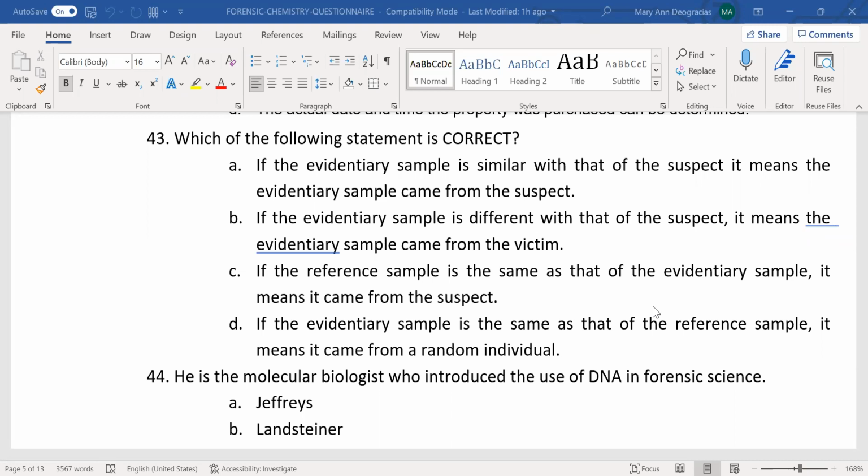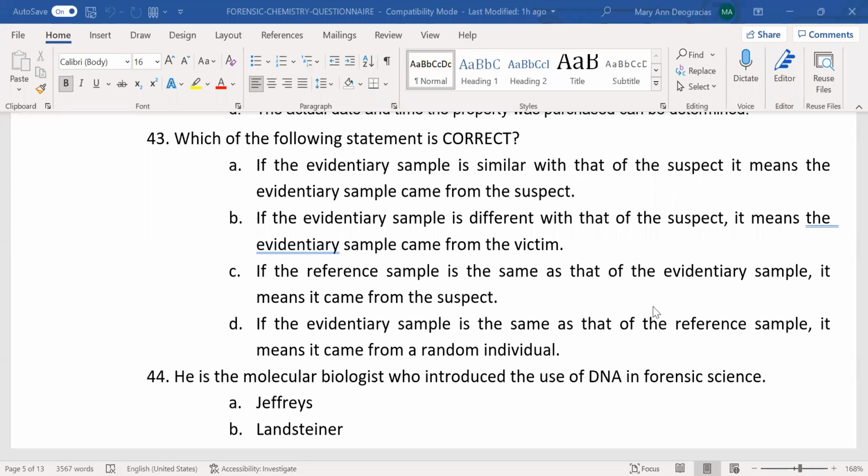Hindi rin natin alam kung kanino yung reference sample. So, mali yung letter D. Napaka-vague din. So, the answer is letter A kasi napaka-specific. Evidentiary sample is similar with that of the suspect. It means that evidentiary sample came from the suspect. So, it is a very simple statement. The answer is letter A. A reading comprehension ang kailangan nyo sa number 43. Diyan sasakit ang mga ulo nyo.